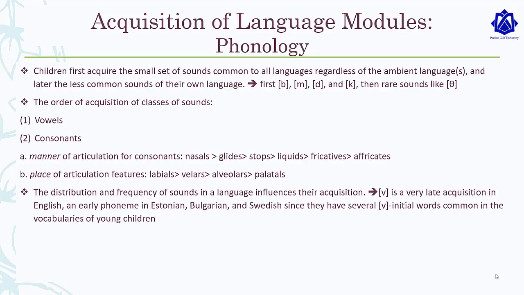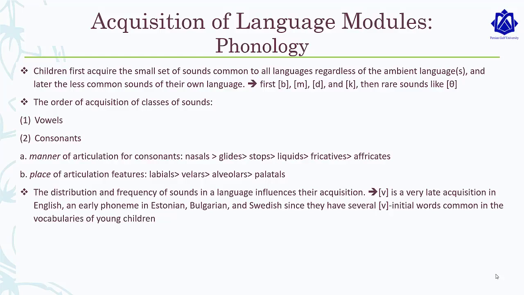So nasals, for manner of articulation, nasals are learned first, like m, n, ng. And the reason is because for their production, the child can make experiments with the velum, raising it and lowering it and then closing the mouth. They can create nasals, and n is the first nasal that appears.